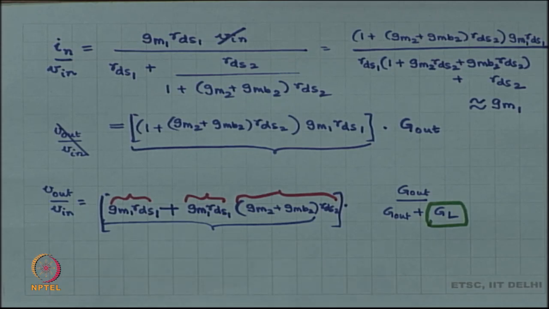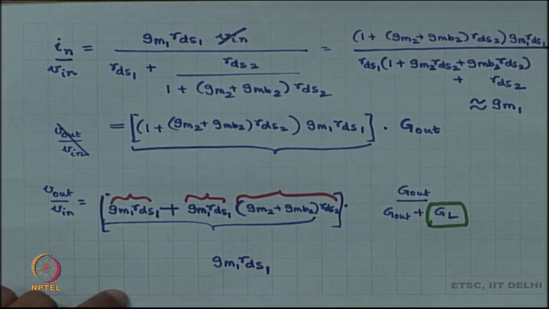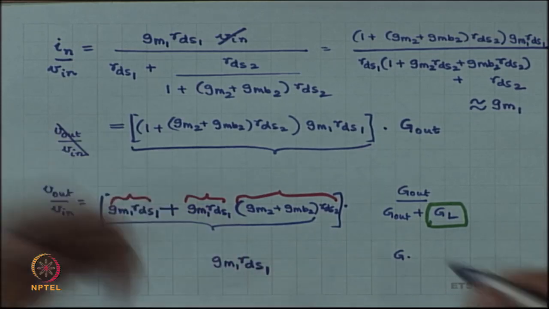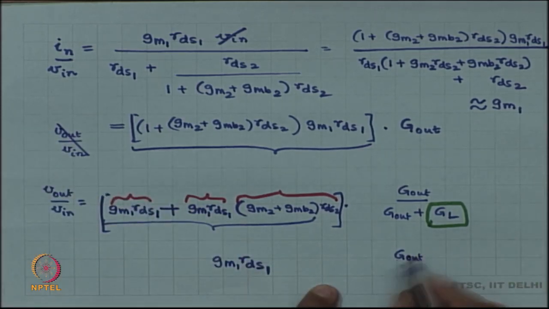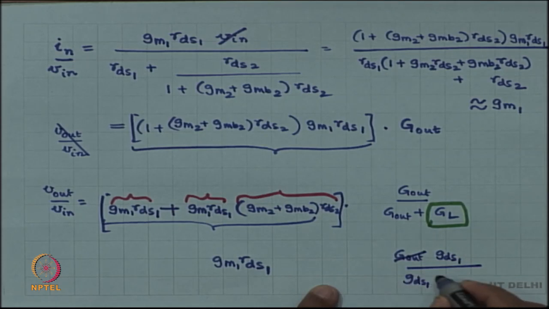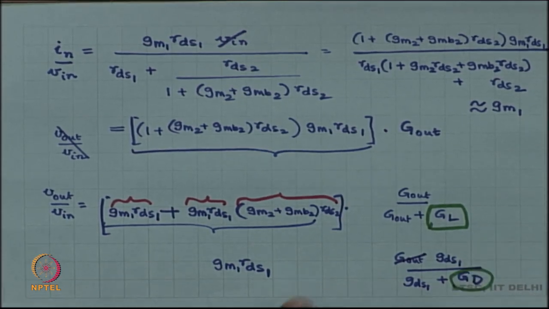If you think of it as an intrinsic gain situation, then for the common source amplifier your intrinsic gain would have been gm1 rds1, and the output impedance would be whatever your Gout is, which is actually just gds. So this gd would be a spoil sport. This would spoil the entire thing.